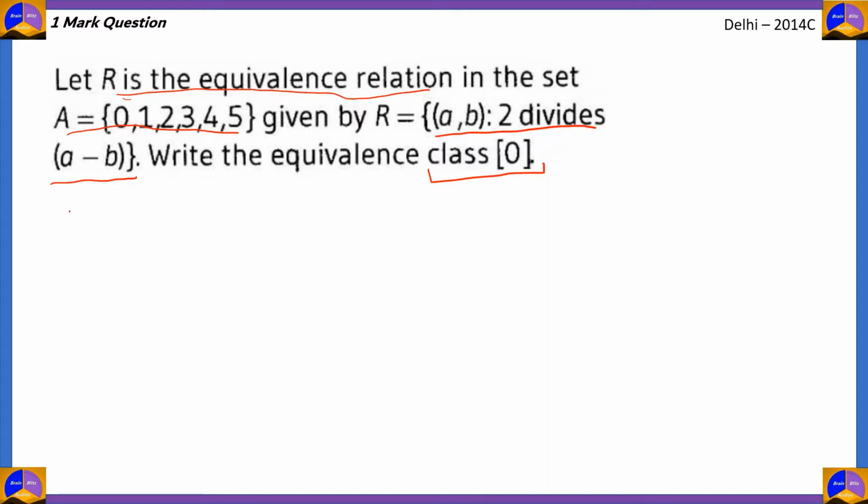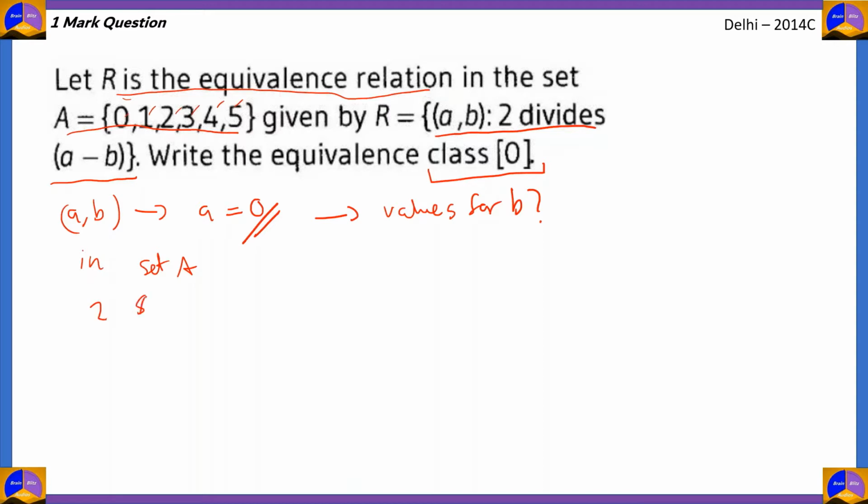So what that means is that in the elements a and b, the element a has to be 0, and we have to find the values for b. So in set A, which has 0, 1, 2, 3, 4, and 5, the elements 2 and 4 satisfy this relation.